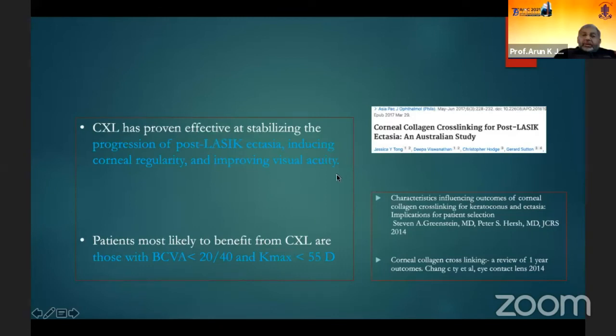And in another study, they found that most of the patients likely to benefit from C3R in post-LASIK eyes were those where, before doing C3R, the visual acuity was better and the Kmax was less.